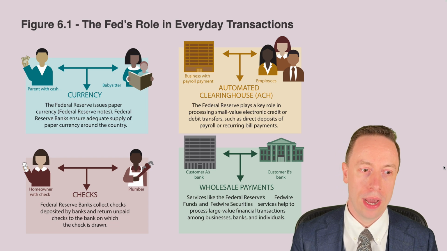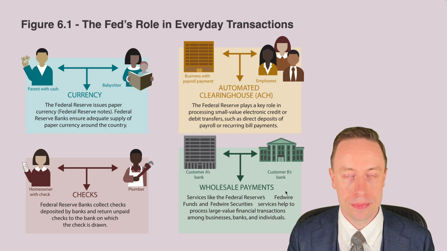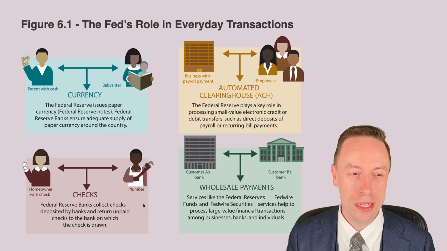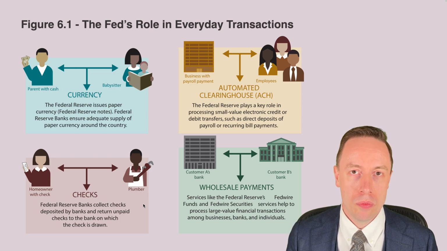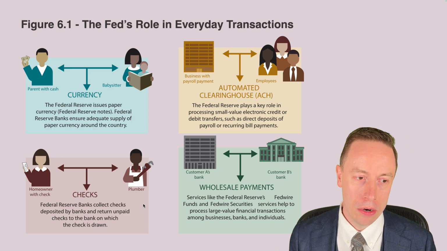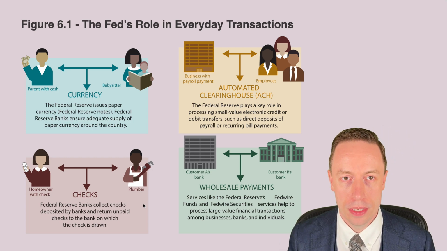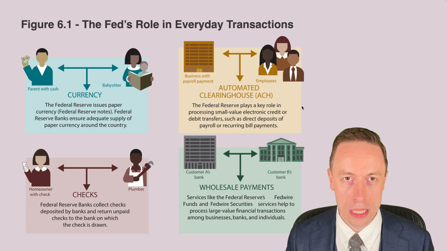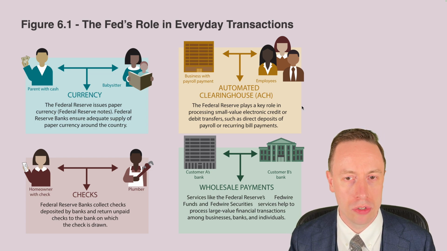So what we also have are checks. Those also are starting to get a little bit more out of fashion. But there are, of course, ways in which you can give somebody a payment directly out of your bank account without using cash. Then we have electronic transfers that are called automated clearinghouse. So these are most of the electronic transfers you might be familiar with.